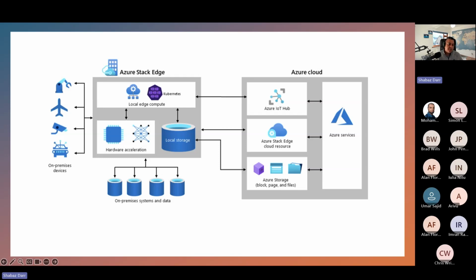You've got the Kubernetes and all those containerization services, with that local storage. You can also integrate with your own premises systems and data. On the left-hand side, we have all our IoT devices, which are filtering information into that Azure Stack Edge. So again, very different from what we saw in the Azure Stack Hub diagram.